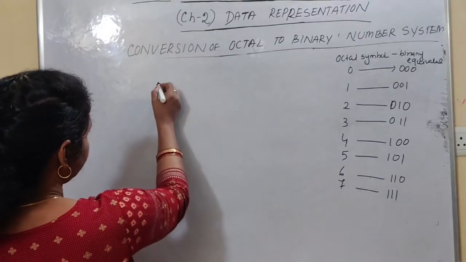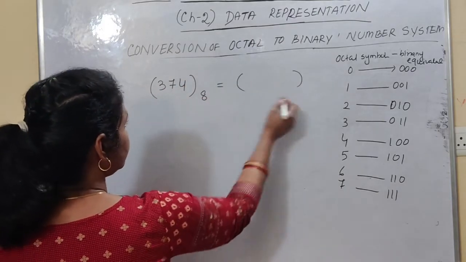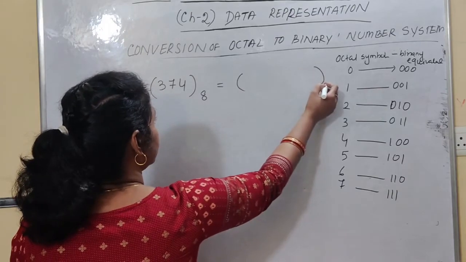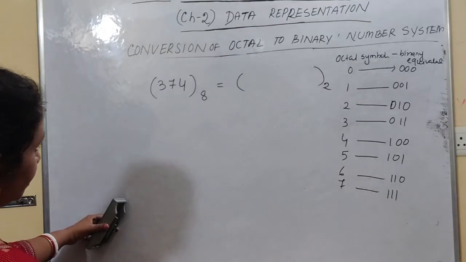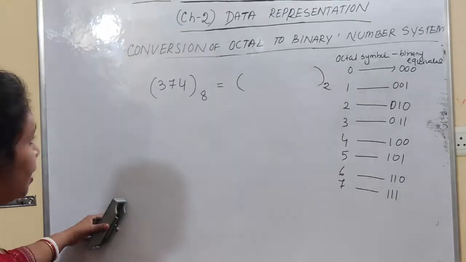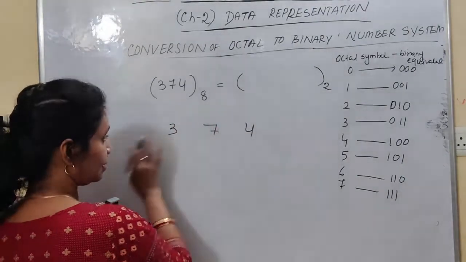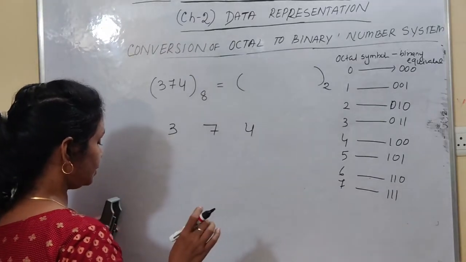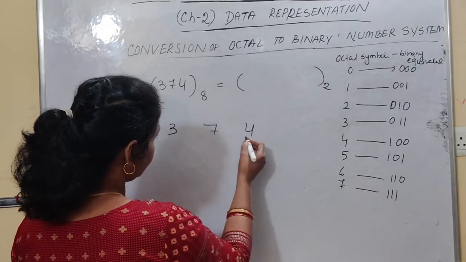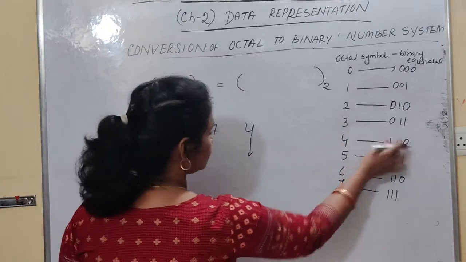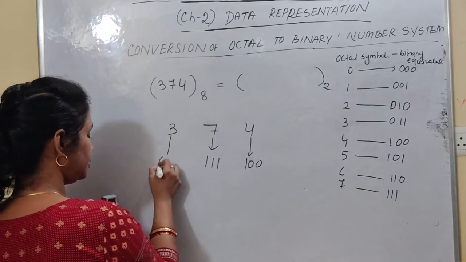Let us take one example: 374 base 8, and we have to convert this octal number into its equivalent binary number. So what will you do? Each octal digit is represented by its 3-bit binary equivalent. Here 374, these are the octal digits. 4 is represented by 100, 7 is represented by 111, 3 is represented by 011.